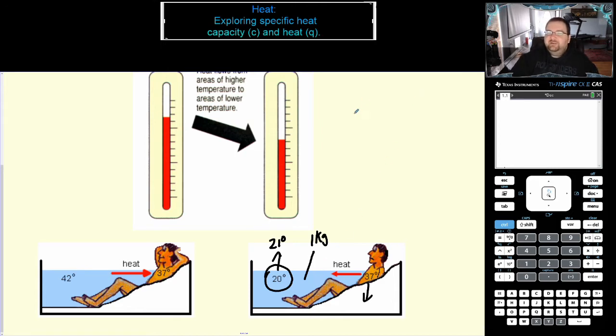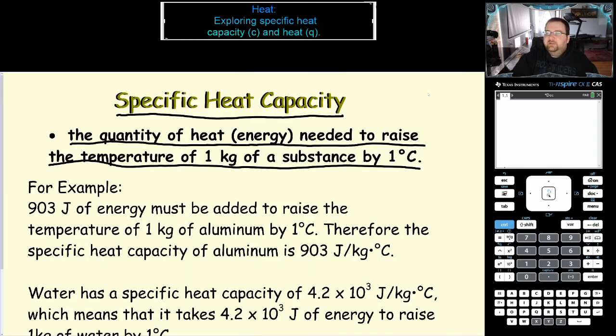But basically, if I have 1 kilogram of water, how much heat would it take to raise its temperature 1 degree Celsius? That's the specific heat capacity of water.